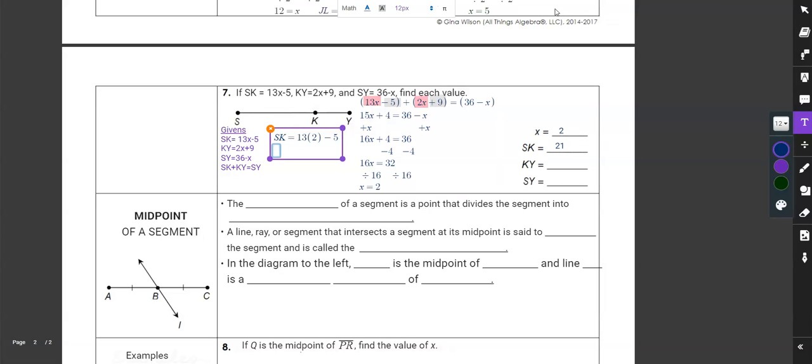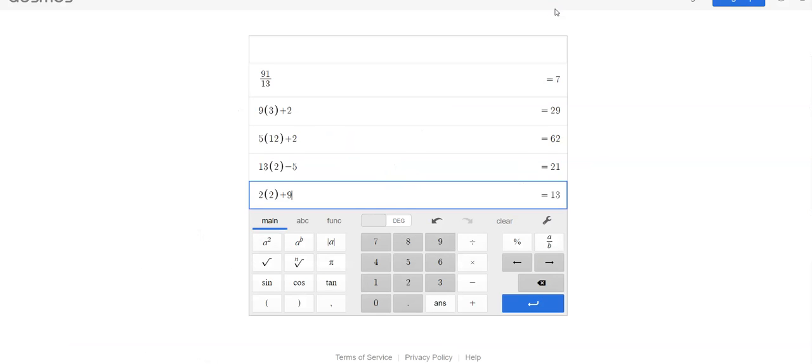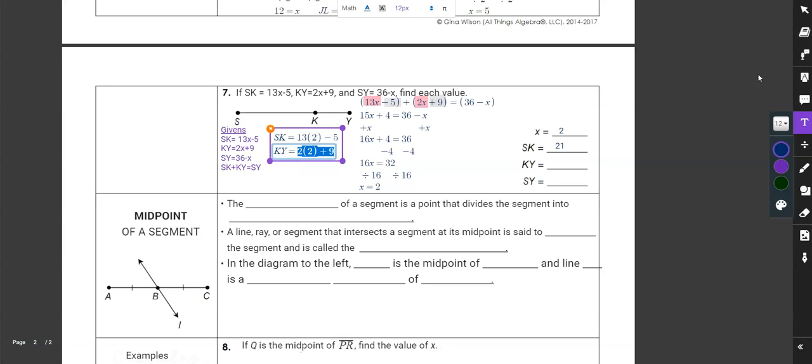Then we will find that KY is going to be 2x plus 9, so 2 times 2 plus 9. And we get 13.